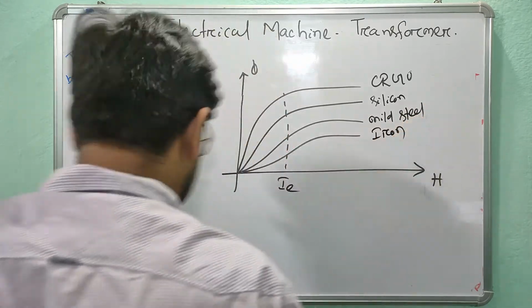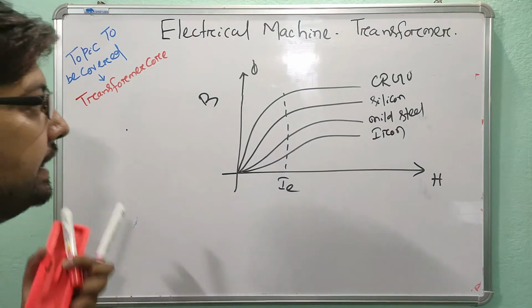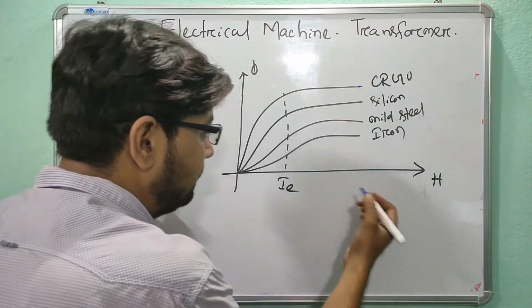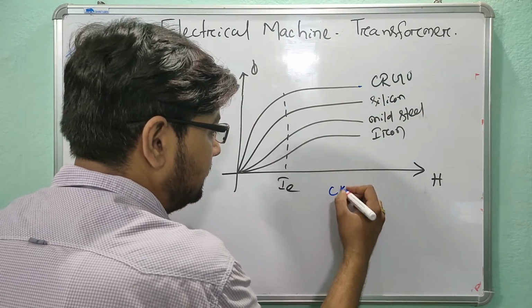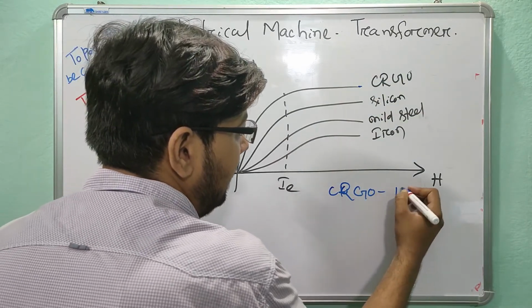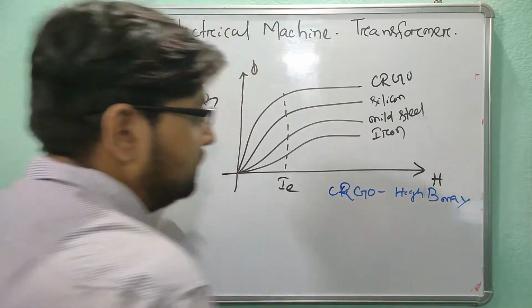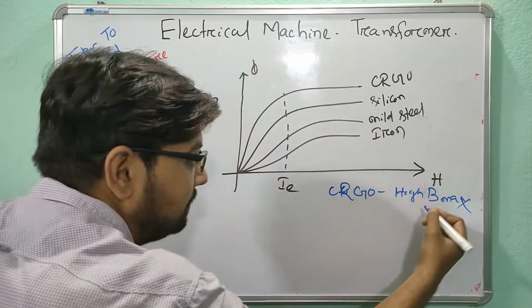So for a magnetization curve you get the highest B value in CRGO steel, high B value, B max. So the B value is maximum.